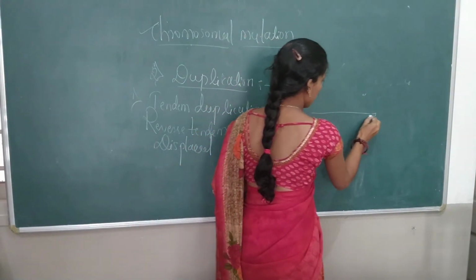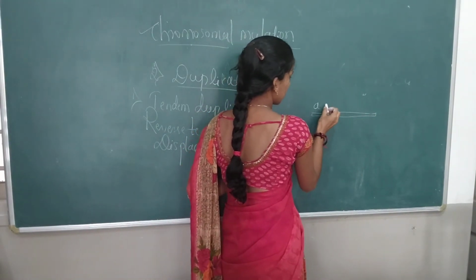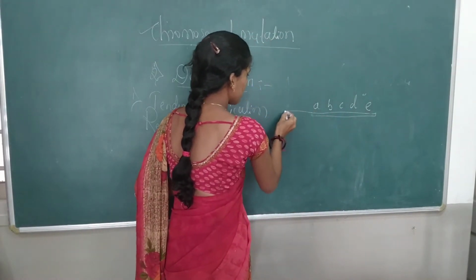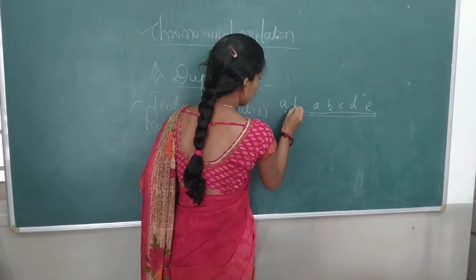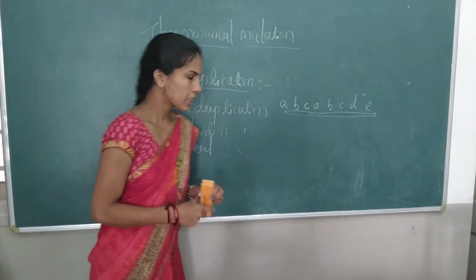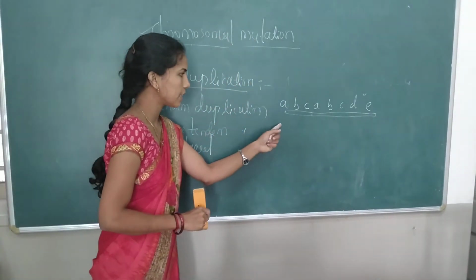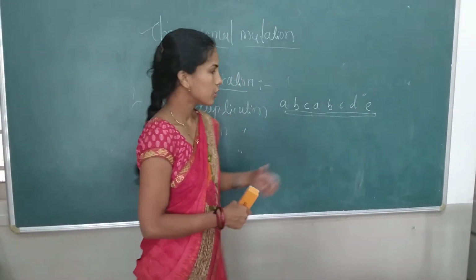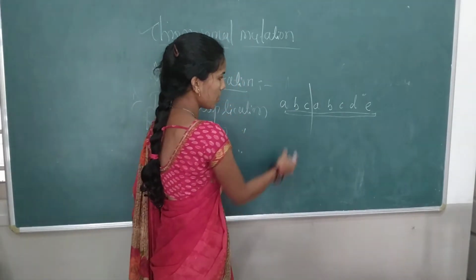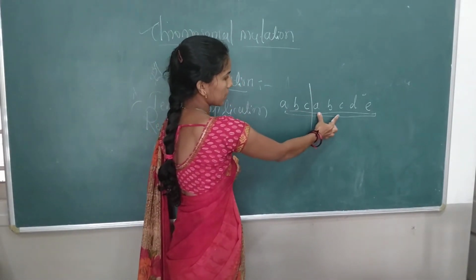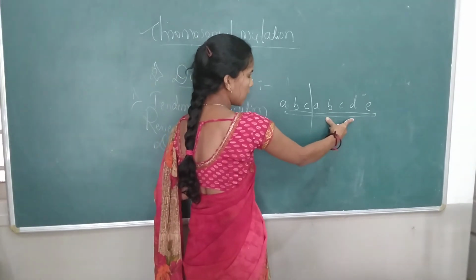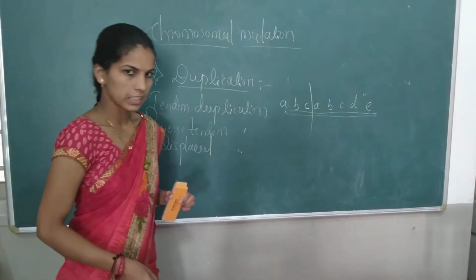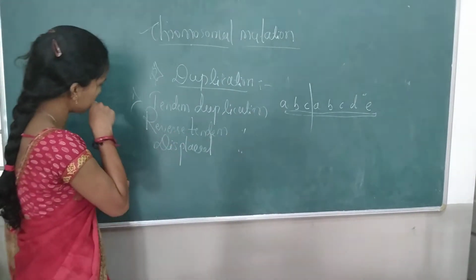If the chromosome has the genes A, B, C, D, E, then again the same copy is present, that is A, B, C. So tandem duplication contains the same block of genes which is present in the original form. This is the attached chromosome where the same block of genes is present, attached to a different chromosome. So both have the same genes here. That is the tandem duplication.